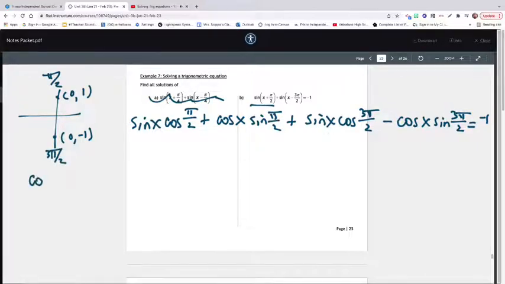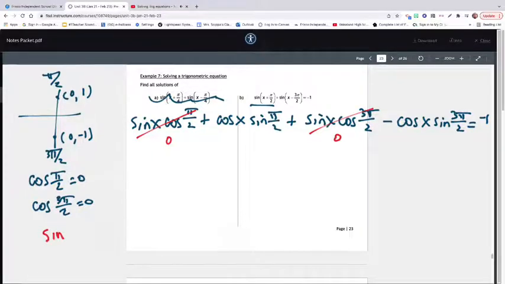So cosine of pi over 2 equals 0, and cosine of 3 pi over 2 equals 0. So I know that this whole thing will be 0, and this whole thing will be 0. So that kind of helps me.